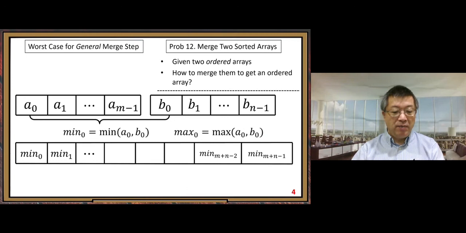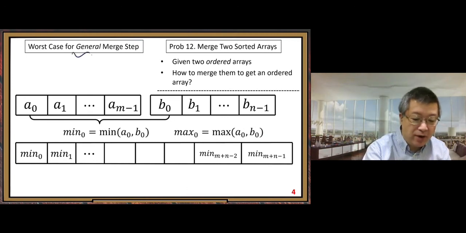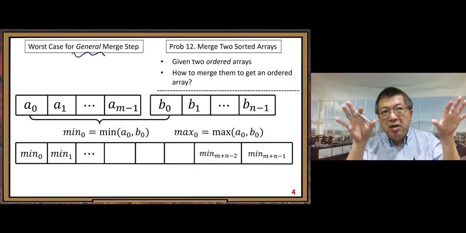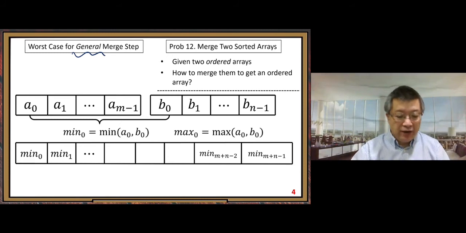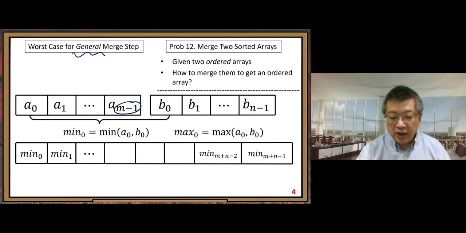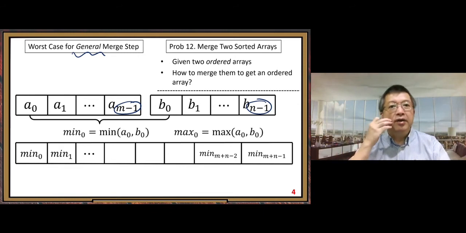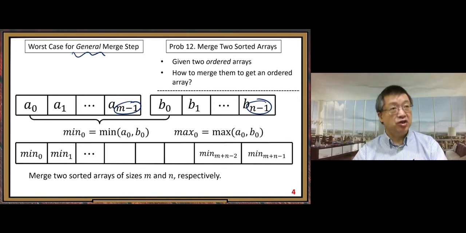But next, we want to consider the general merge step. General means the two subarrays may not have the same size. The first one has m number of elements. The second one has n number of elements. When they have different sizes, we can use a similar way to get the worst case efficiency.